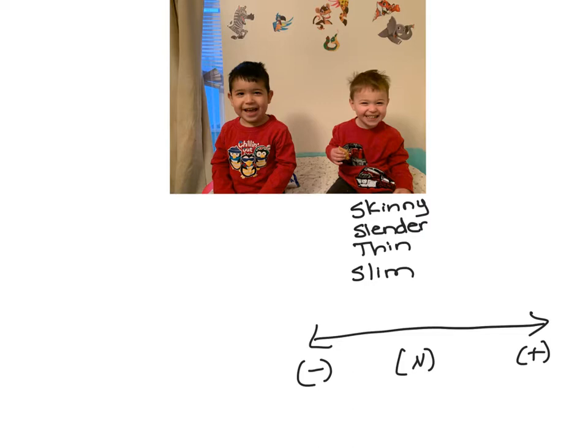Okay, I'm his mother, and I don't want you guys to be making fun of my child, in the way that he looks. So the positive would be the least offensive, and then most offensive. So pushing pause, I want you to rate skinny, slender, thin, and then slim on this scale. So go ahead and do that now.